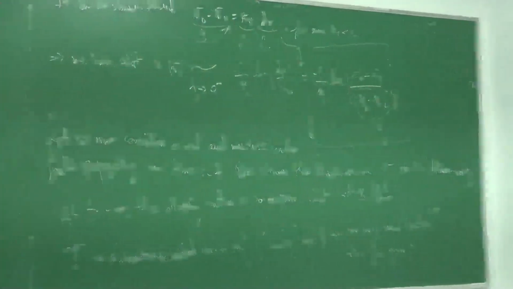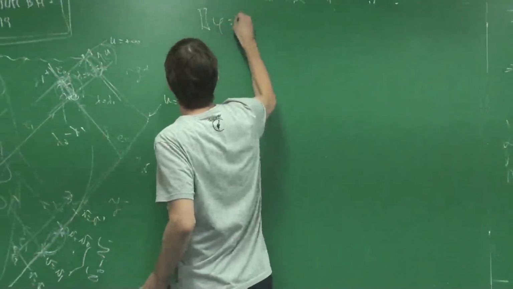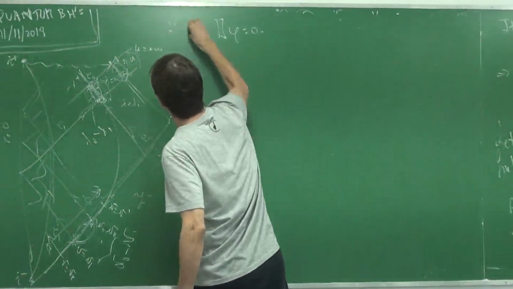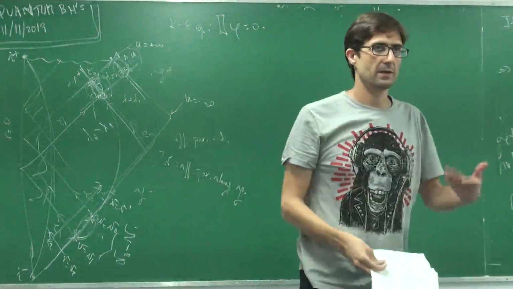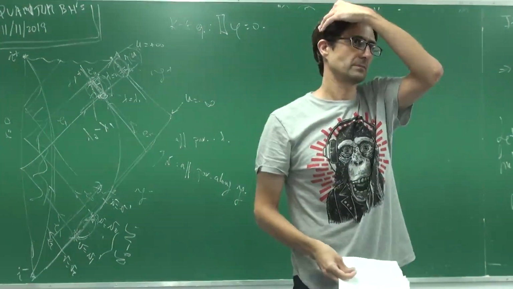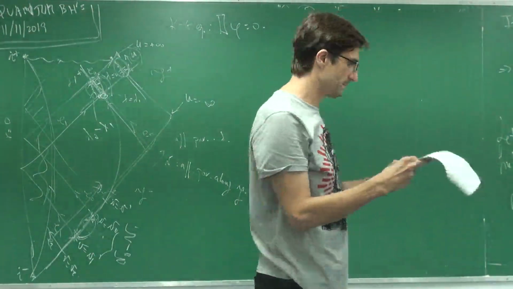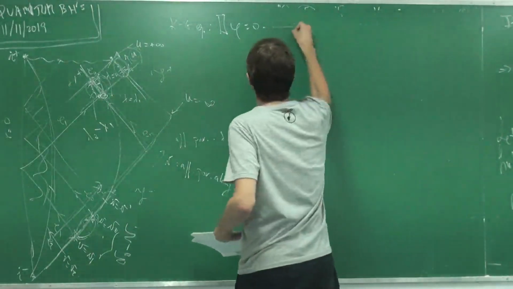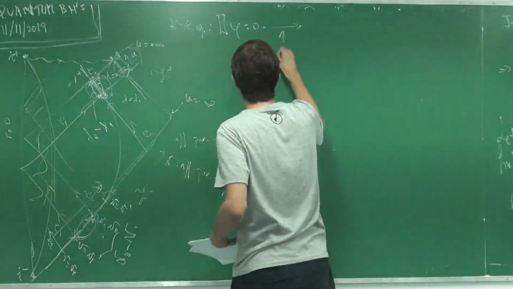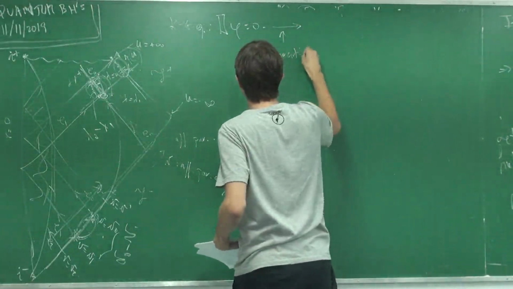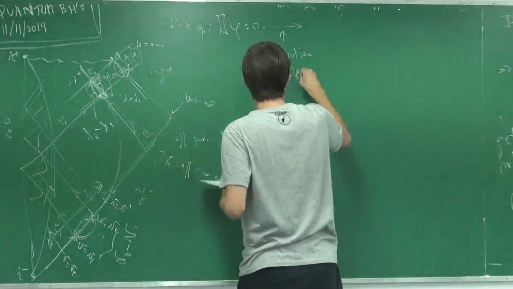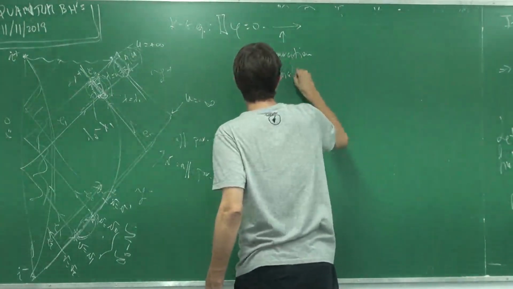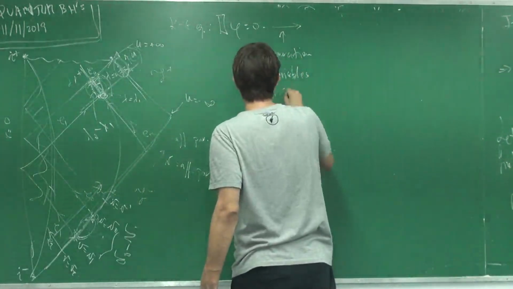Okay, so the field obeys the Klein-Gordon equation, where now the d'Alembertian is in the curved spacetime. And so you can use separation of variables in Schwarzschild coordinates.